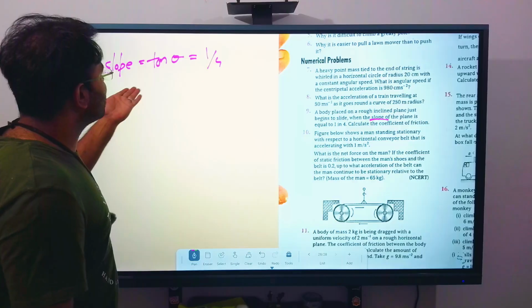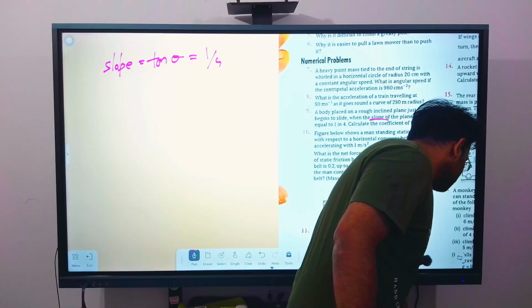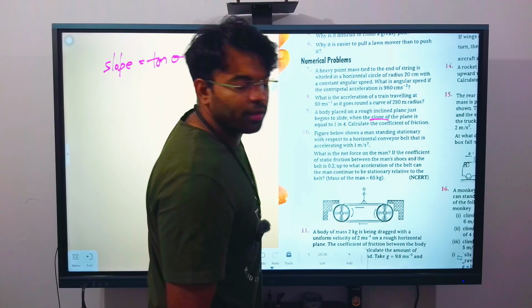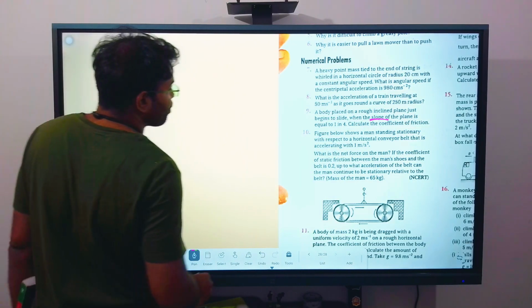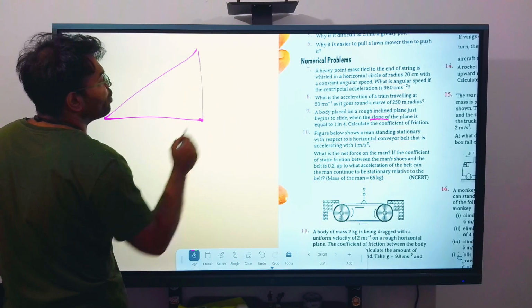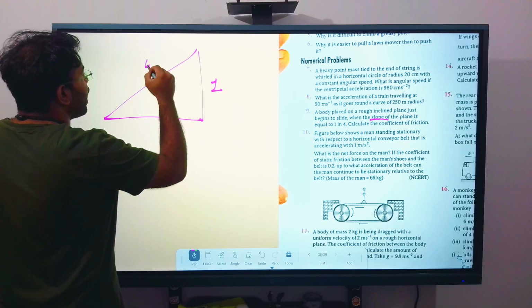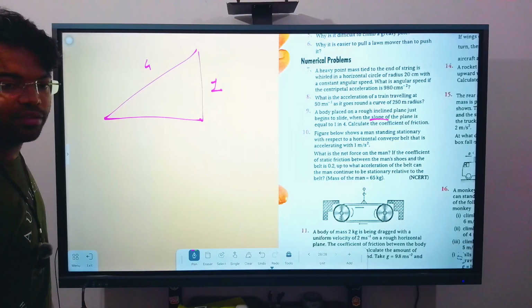Yeah. So is that the answer? 1 by 4. Just hold on. Okay, just one second. I was wrong. Slope 1 in 4 does not mean this. If you have a slope like this, 1 in 4 means 1 here and 4 here. This is what 1 in 4 means.